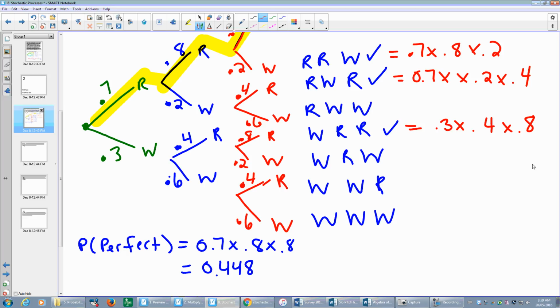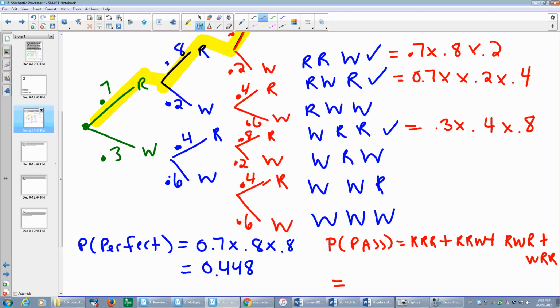Okay, so the probability of a pass includes, so I'm just going to write the cases here. So I have right, right, right, plus right, right, wrong, plus right, wrong, right, and then plus wrong, right, right.